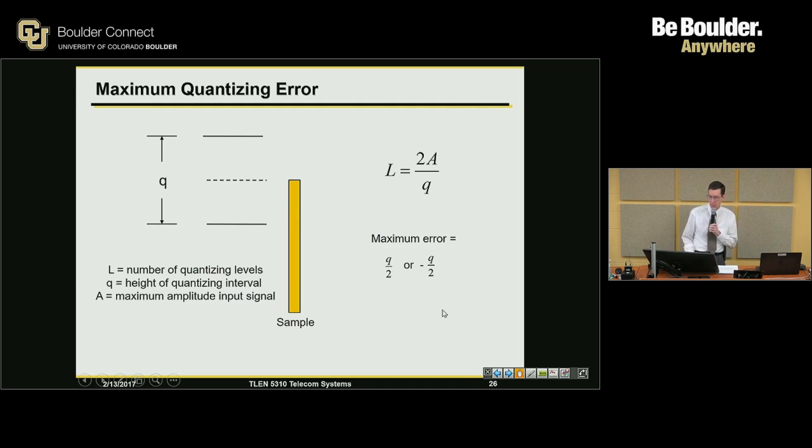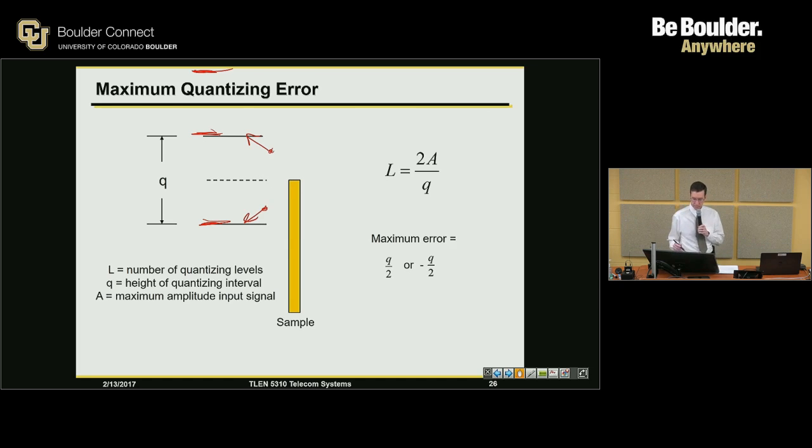But here's some discussion on the quantization noise, or quantizing error. These two solid lines represent going from one step to another step. Let's say we have a third step up here, and if my sample happens to be at this point, then it gets assigned that value. If my sample happened to be over here, it would be assigned this value.